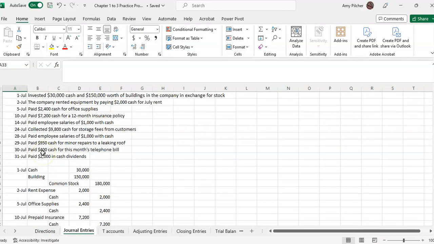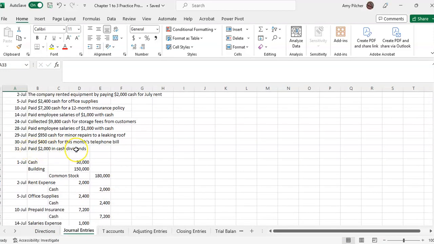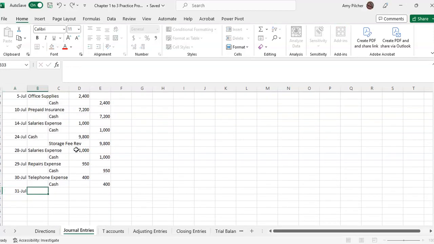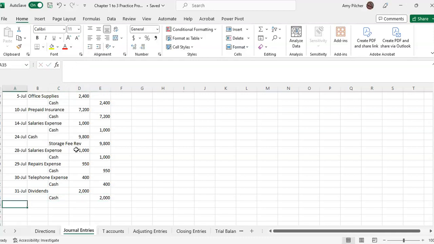And our last journal entry for July, we paid $2,000 in cash dividends. So it's July 31st. We have dividends of $2,000 and cash of $2,000. Okay.